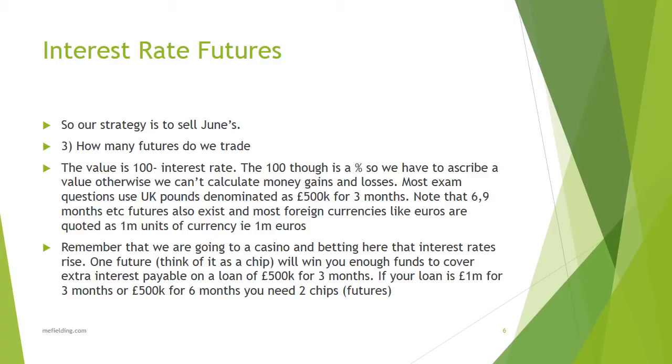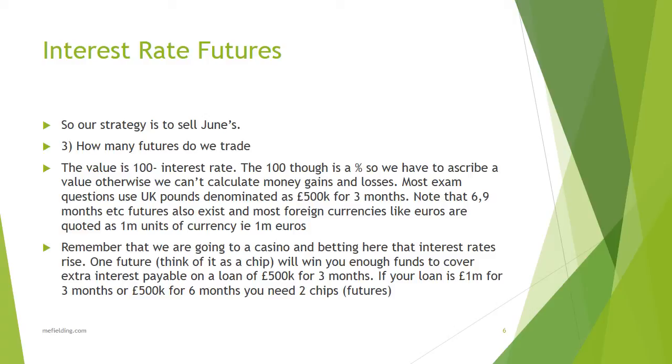It means that if you bet on interest rates to rise, and they do rise, each chip will win you enough money to cover the additional interest on a loan of £500,000 for a period of 3 months. Now that's all given to you in the question. The 500,000 is called your contract size, and you are told that they are 3-month interest rate futures.